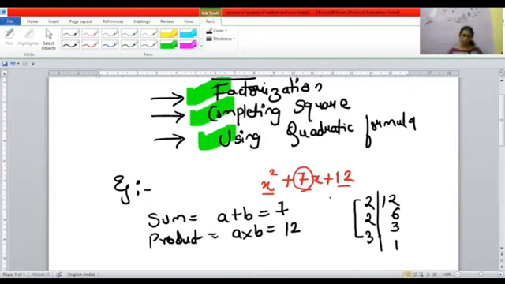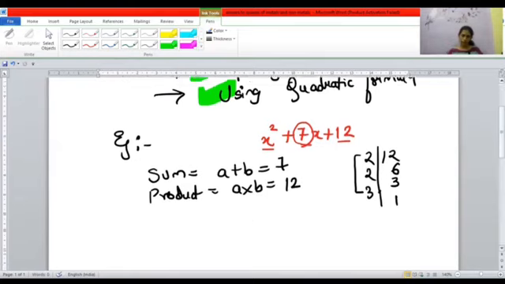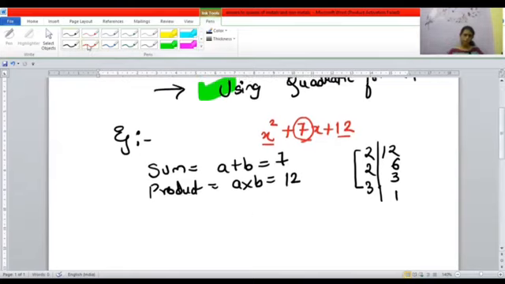Right, students? We are going to look for two numbers. When we add those numbers, the sum should be 7 and the product should be 12. By the factors, you can observe very well, you have 4 as one number and 3 as another number. If you add 4 and 3, you get 7, and multiplying, you get 12.